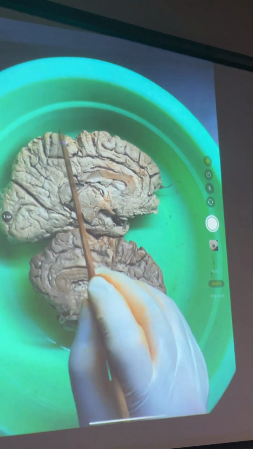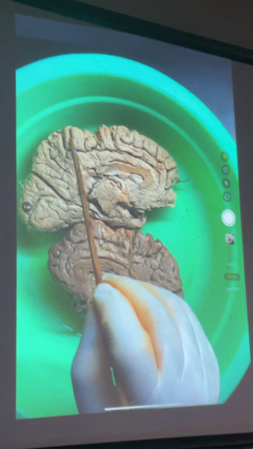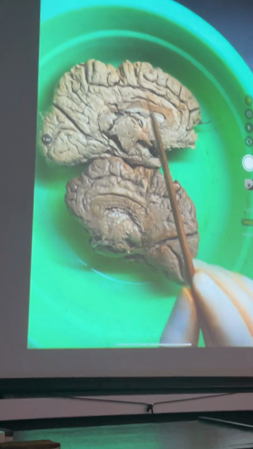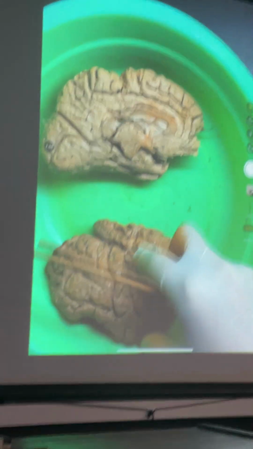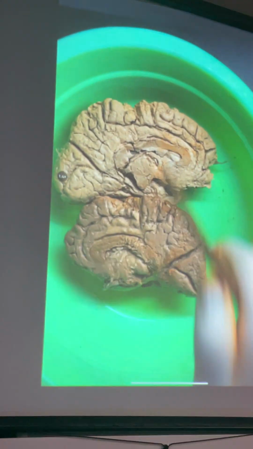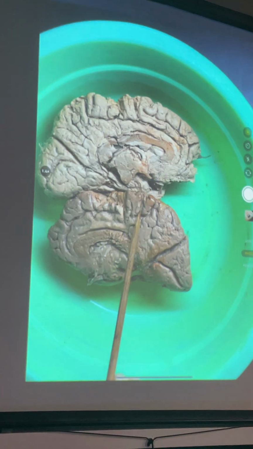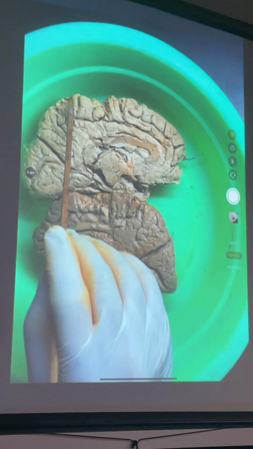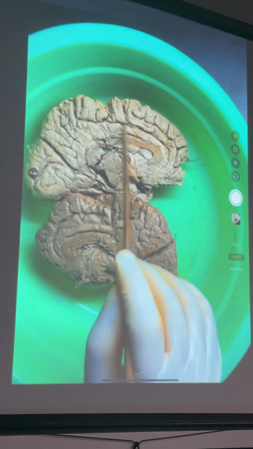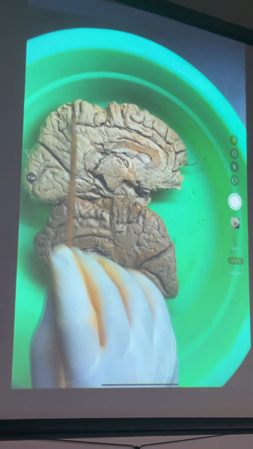So the central sulcus of Rolando is here for this specimen, and the other one is over here. If this is the central sulcus of Rolando, this must be the paracentral lobule.